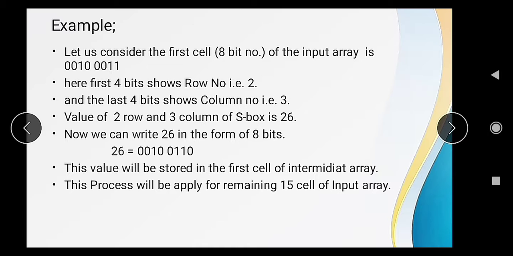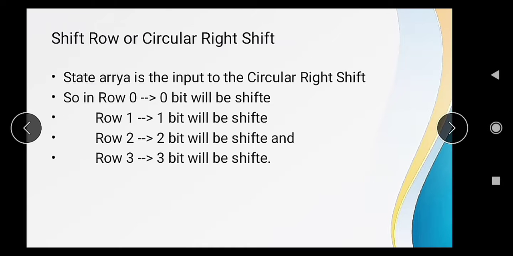and the output will be stored in the output matrix. Okay, now the second process is shift row, or we can also call it circular right shift. In this operation, we have to shift the data in the rows. But on what basis do we have to shift the data?